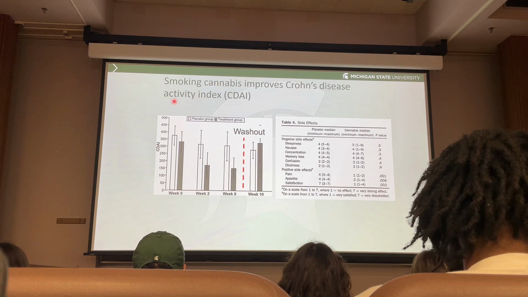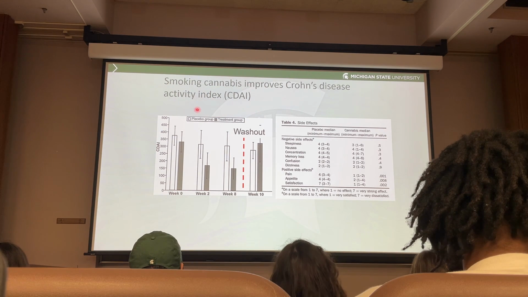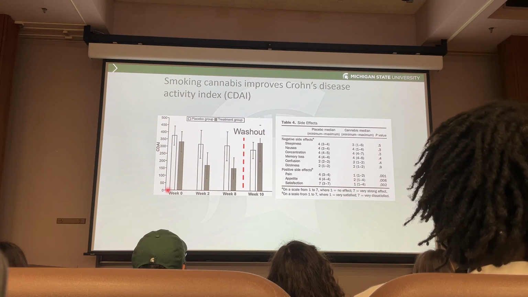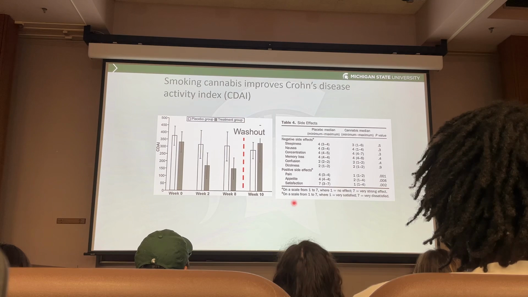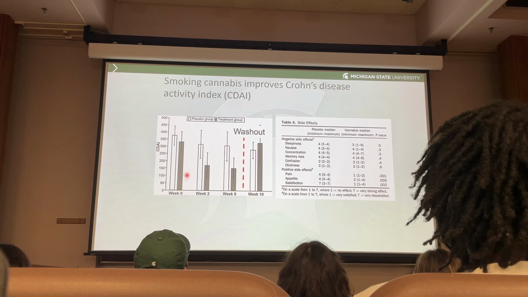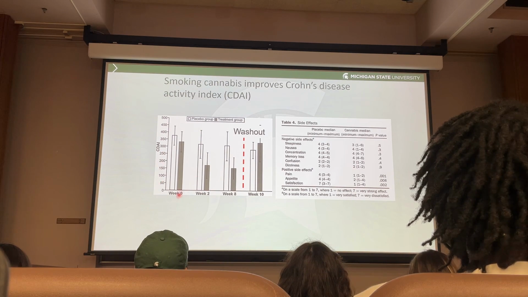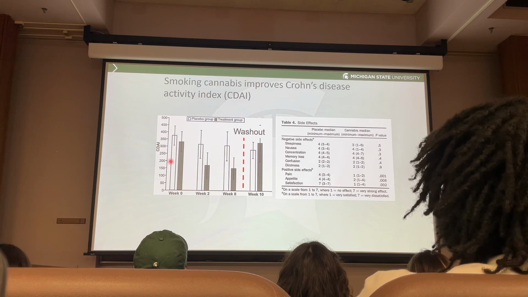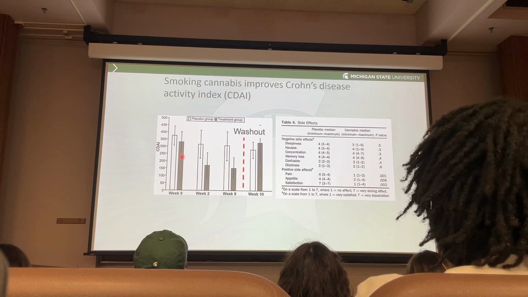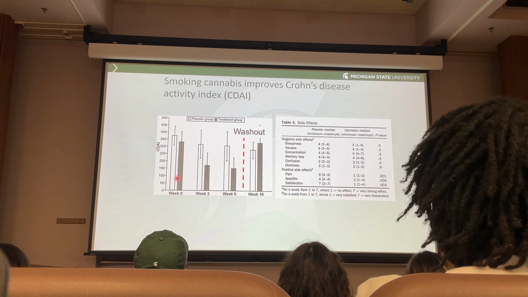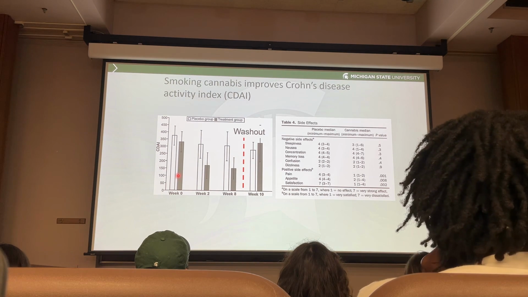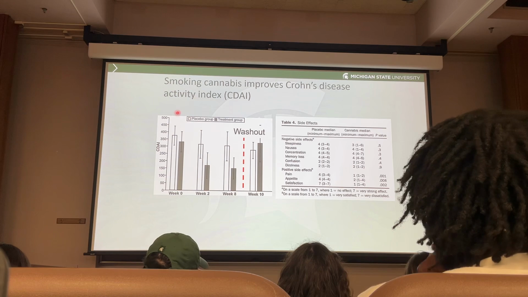So Crohn's disease activity index, CDAI. While plotting this, we have our CDAI here on the y-axis, time of treatment on the x, and as you can see here at the initiation of this study, we have the placebo group in white or blank bars, and then the gray or charcoal bars is the treatment group where they're smoking cannabis. Dose doesn't really matter for our purposes, but they're on the weed.